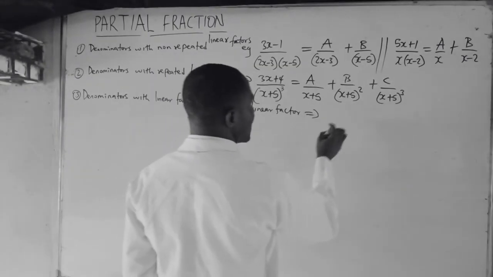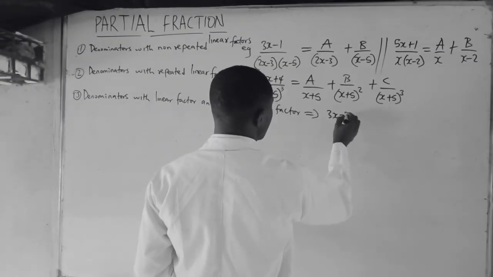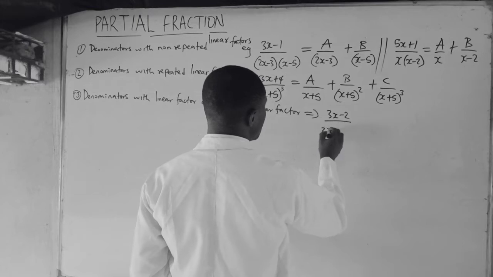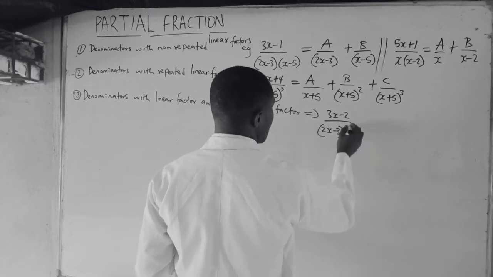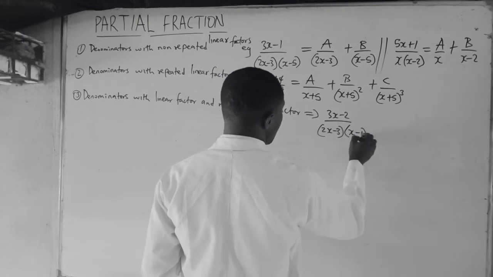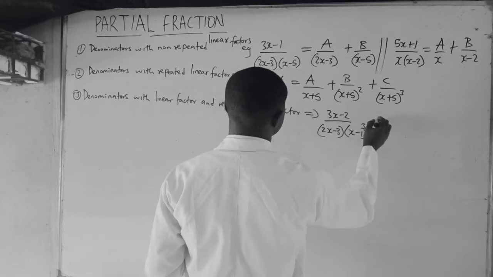Take for instance, they say (3x minus 2) over (2x minus 3)(x minus 1) all raised to the power of 3.